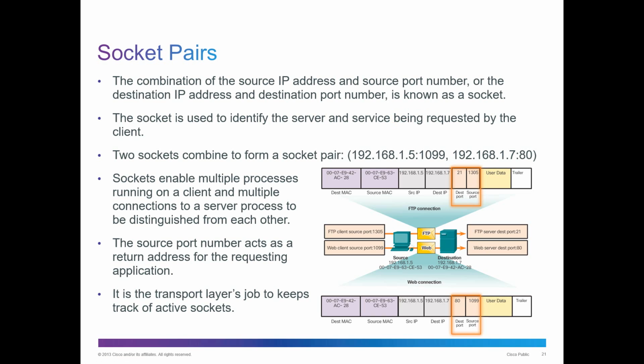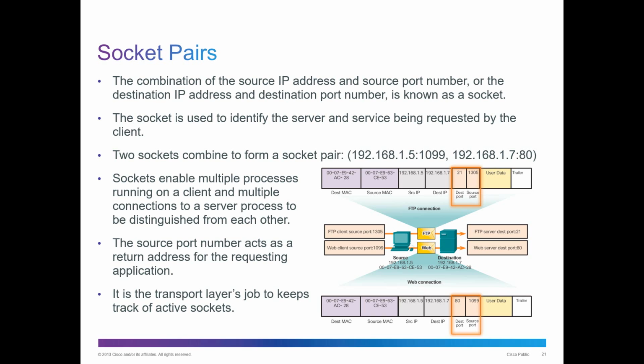The combination of your source IP and source port number is known as a socket. So basically, a port and an IP address together are what is known as a socket. So basically what you do is take your IP address, then add a colon at the end, and add the port number that is associated with that IP address.